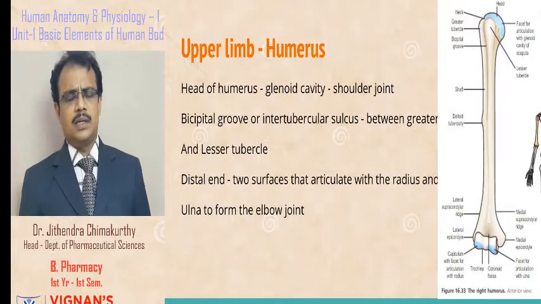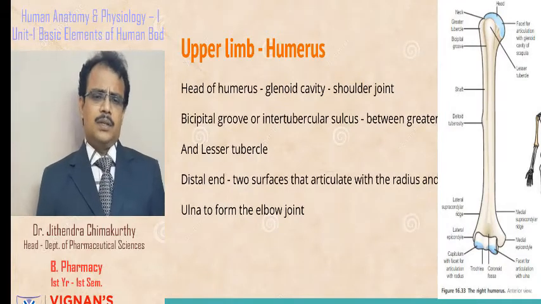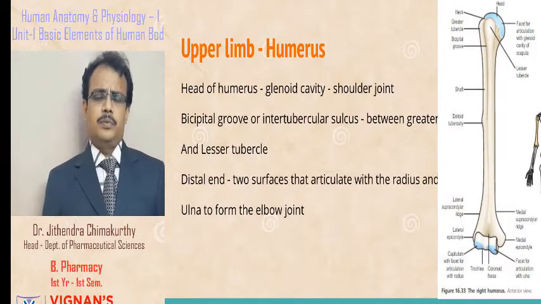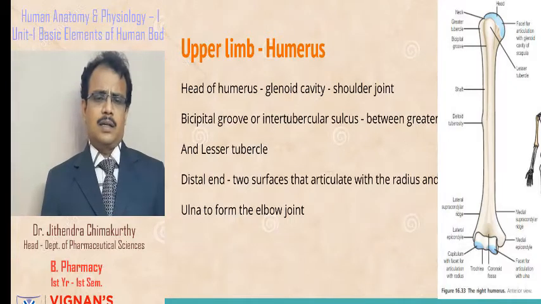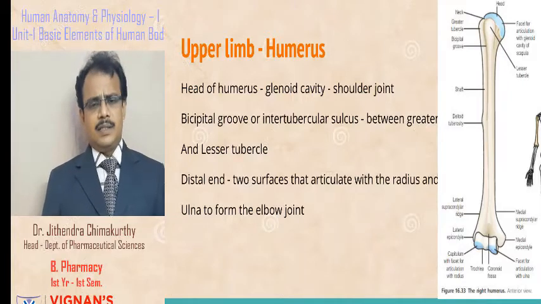Now let's see the limbs which are attached to the shoulder girdle. These are the upper limbs which consist of humerus, radius, ulna, carpals, metacarpals and phalanges.